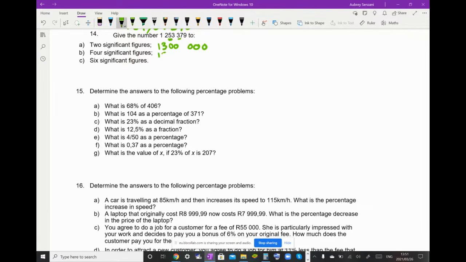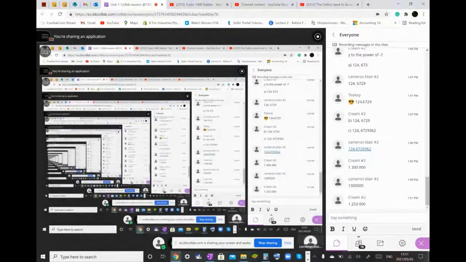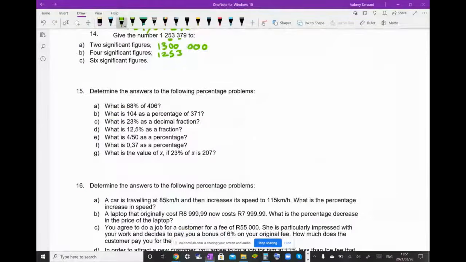So it's going to be 1, 2, 5, 3, because that's less than 5. Thank you, Cream, you're 100% right. I have clearly forgotten the 0, which changes the number altogether. The next one is 6 significant figures: 1, 2, 3, 4... we use the 9, which is above 5. So it's 1,253,380... and those are your answers.